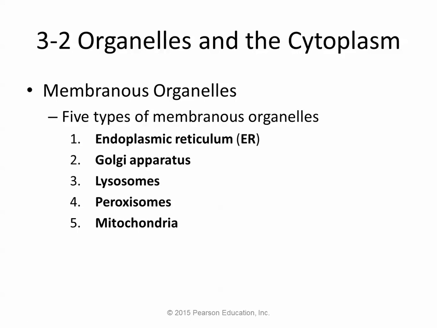The Golgi apparatus is closely associated with the endoplasmic reticulum, because once the endoplasmic reticulum makes its products, it will modify them and store them. We'll see a little bit about how that works later on, especially with protein synthesis. You will have the endoplasmic reticulum making stuff and sometimes storing it for a while, and then it will send it on to the Golgi apparatus for further processing and then for final transport to its final destination.